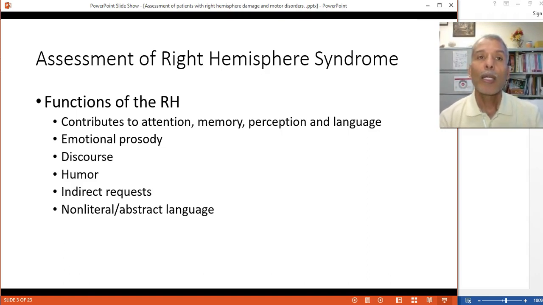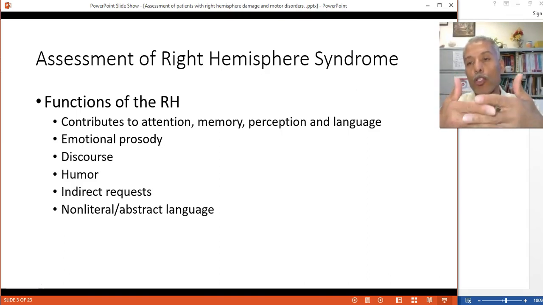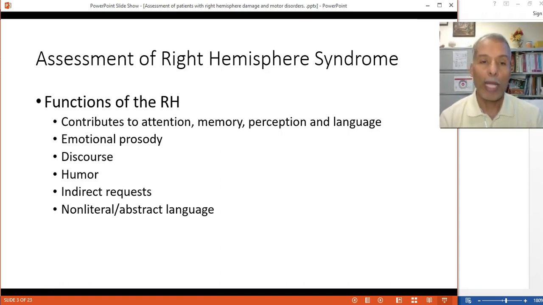Discourse relies significantly on cognitive skills, especially working memory and attention skills. So it is an area where cognitive skills merge with linguistic skills. It's the most complex use of language.